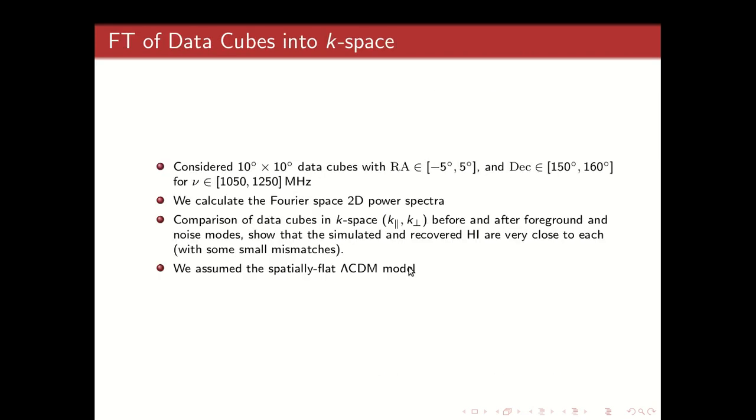We also performed the Fourier transform on the data cubes. The data cubes were 10 degrees by 10 degrees, with a right ascension range from -5 degrees to 5 degrees and a declination of 150 degrees to 160 degrees. For frequency, the range is from 1050 megahertz to 1250 megahertz.